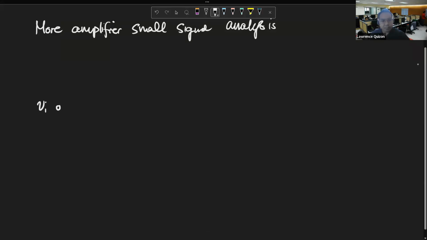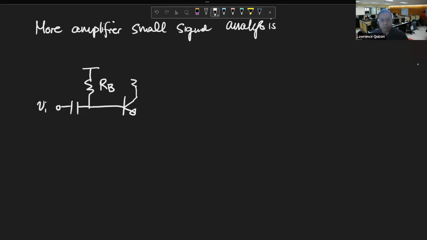We have Vin with a decoupling capacitor. Then we have a resistor here at the base to produce the bias that we needed for the NMOS. We have a load resistance, VCC, and this is VL.